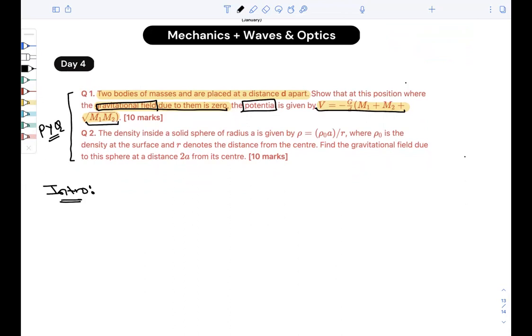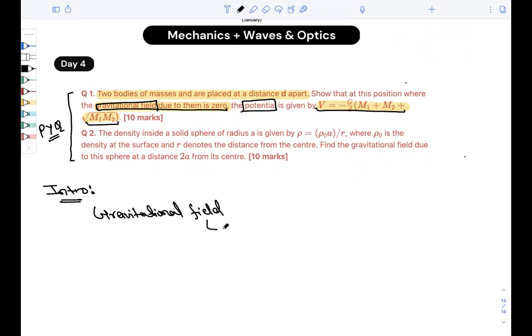From where should we start the introduction? Should we start with the potential or with the gravitational field itself? I will suggest you start with the gravitational field. Just define the gravitational field.